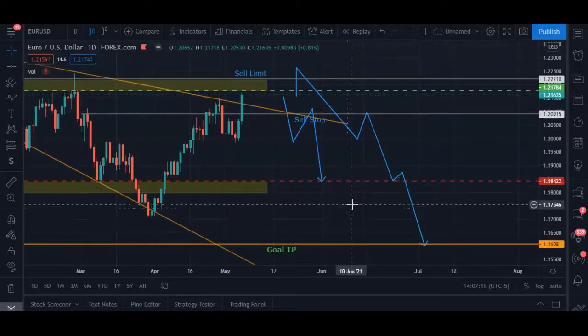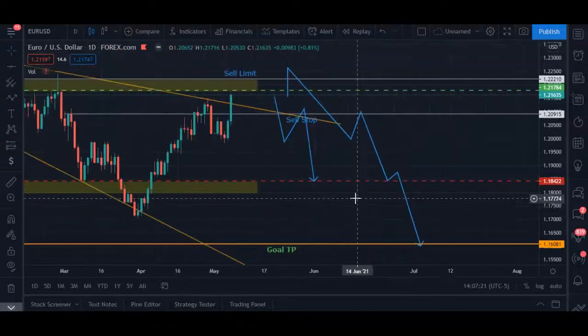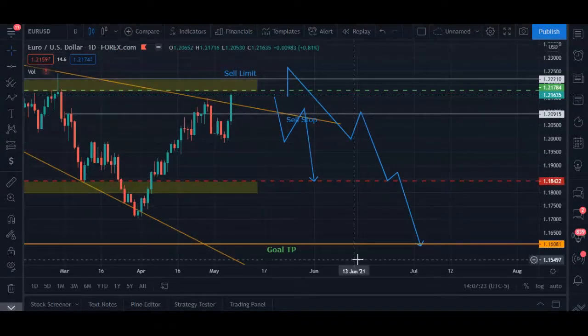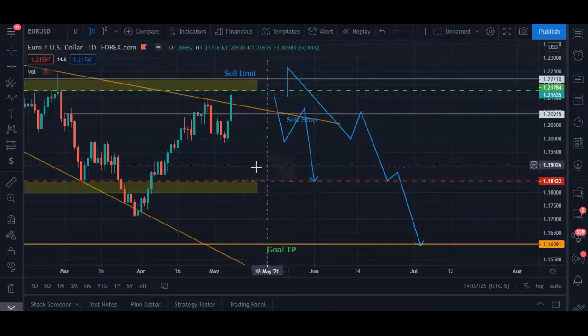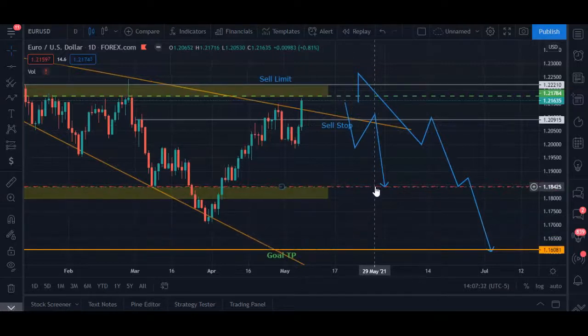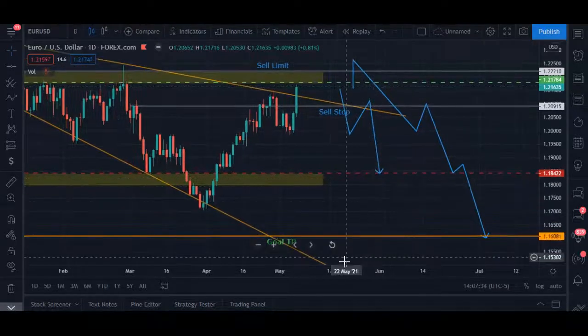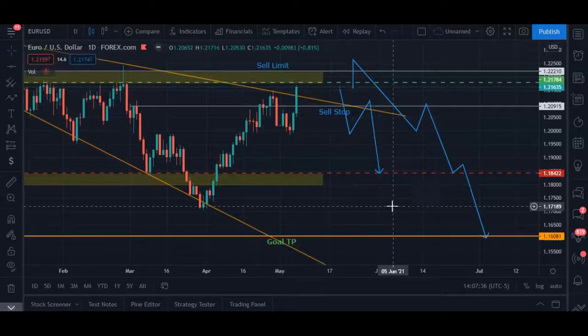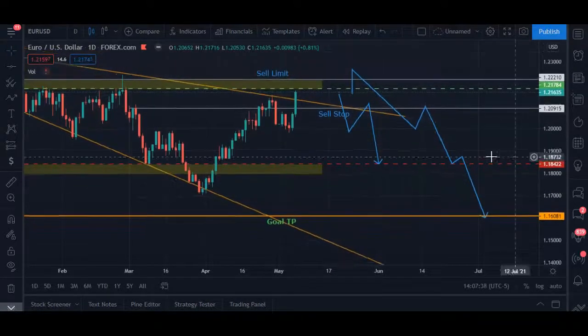Possible things to happen. Not exactly on this month. I just drew these lines out. But yeah, this is how I look to trade.